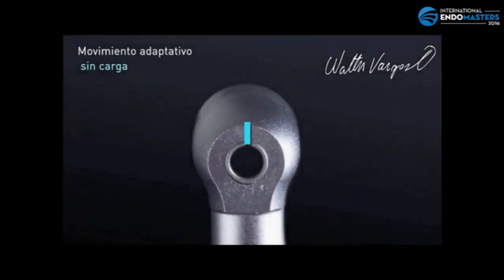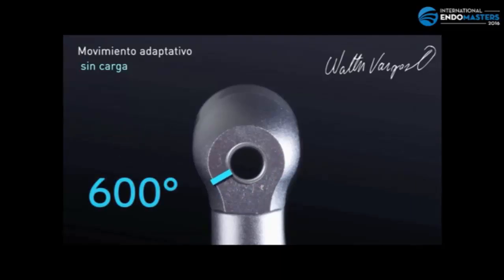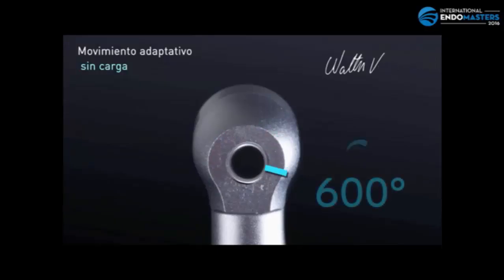This is the real adaptive motion without load. It moves 600 degrees clockwise, stops 1 microsecond, and starts again 600 degrees to the right.